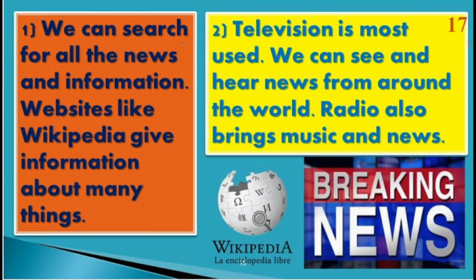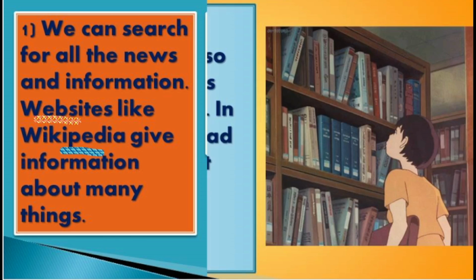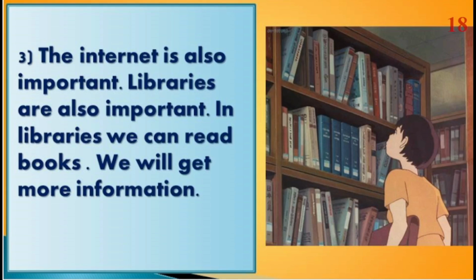We can search for information and give different ideas to people through different websites, through Wikipedia and so on. So we can share our information. Television is one of the best communication media we are using nowadays. We can use radios also, and we will get many more things.